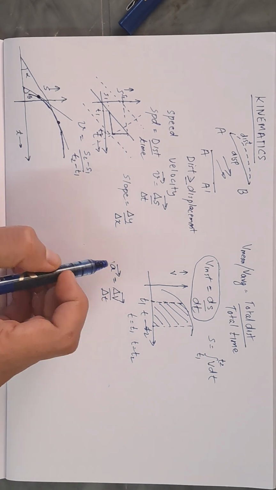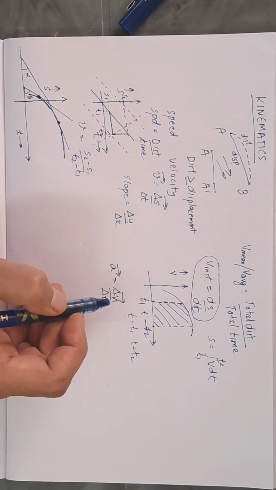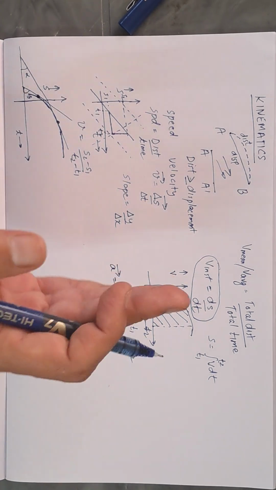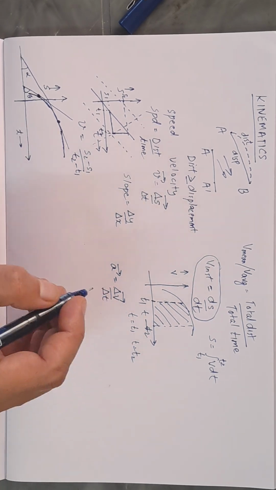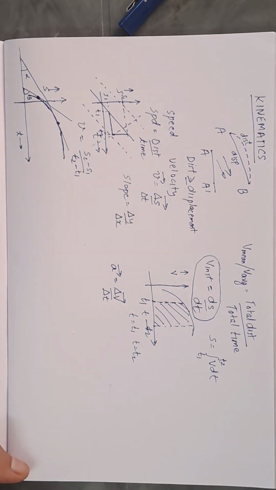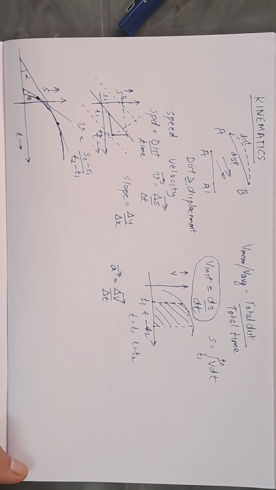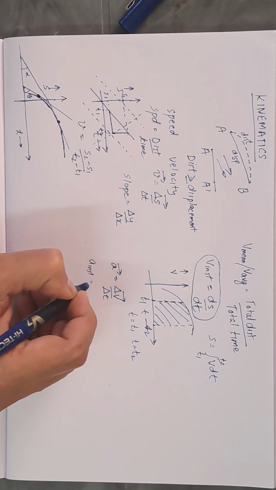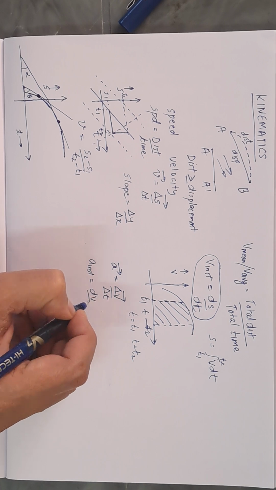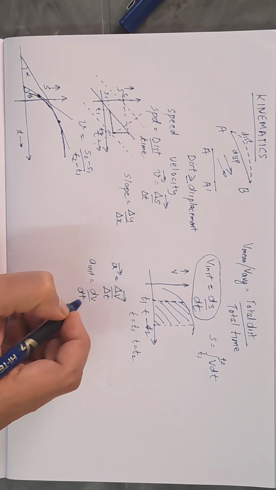But this will be applicable only if the acceleration is constant throughout the time duration that we are talking about. If it's a case where the acceleration is continuously varying, we have something like this, a equal to dv by dt.